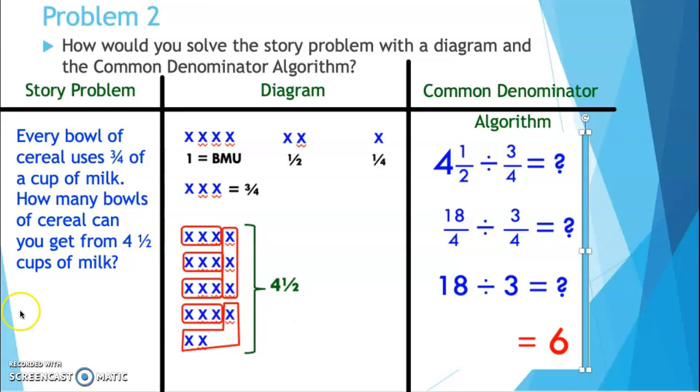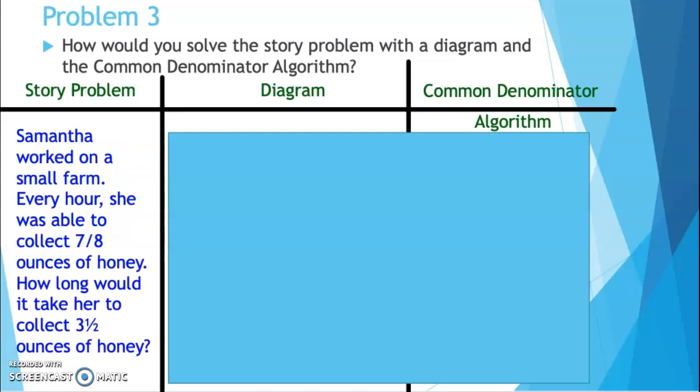Okay. All right. Samantha worked on a small farm. Every hour she was able to collect 7/8 ounces of honey. How long would it take her to collect 3 1/2 ounces of honey?